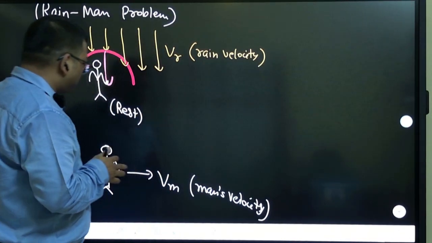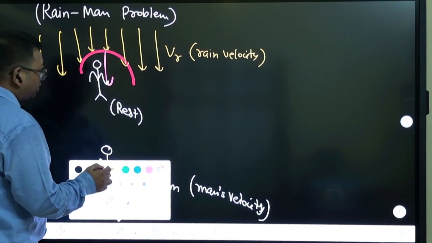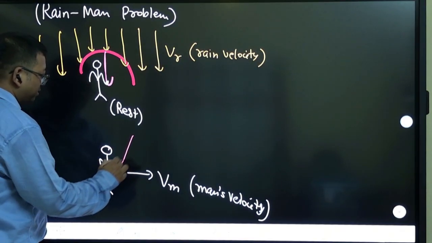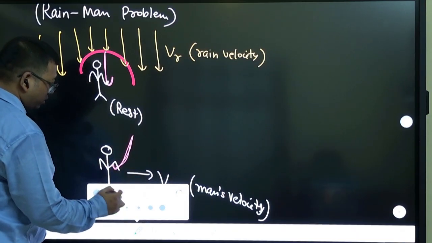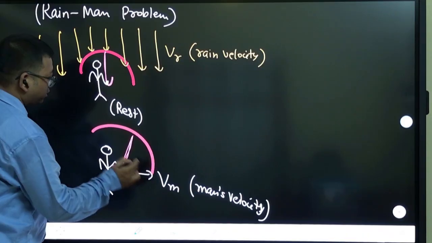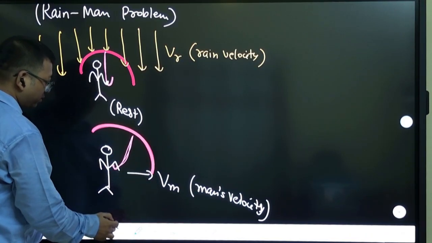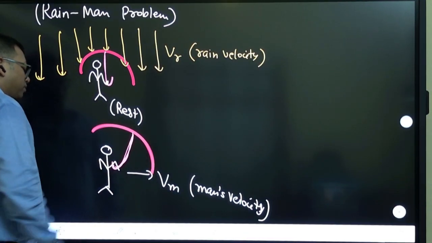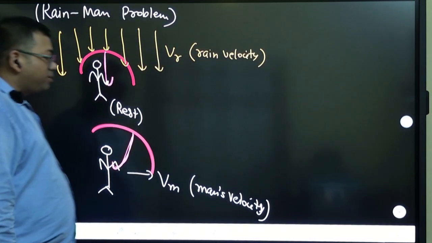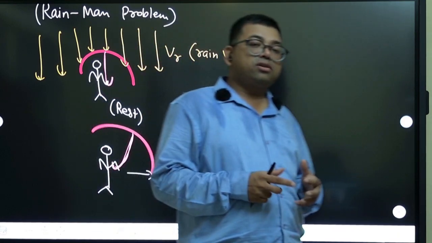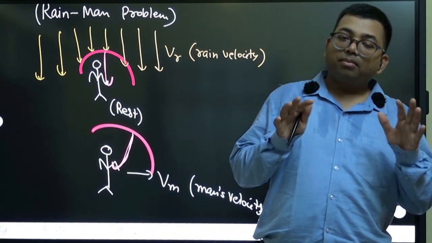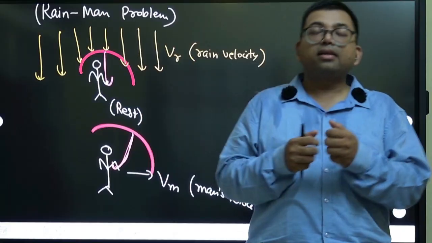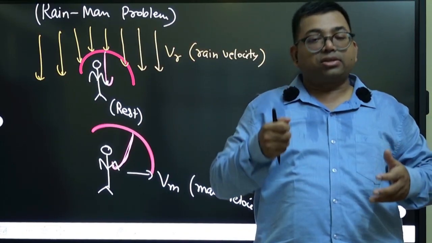Which direction should he tilt the umbrella? Why does he have to do it like this? Because now the relative velocity of the rain is different. Previously the man was not moving, so he was seeing rain coming down. Now he is running, so he will see rain coming from a different direction.